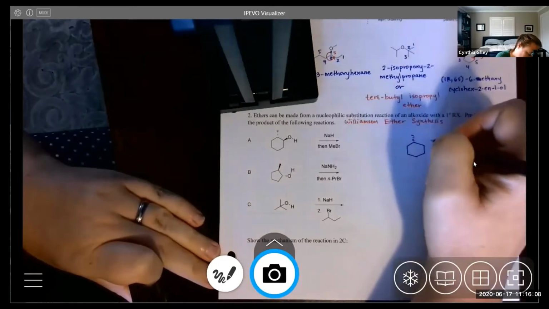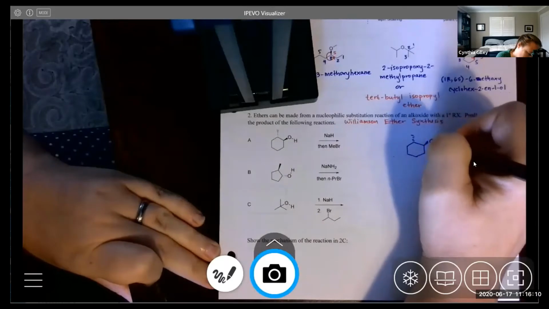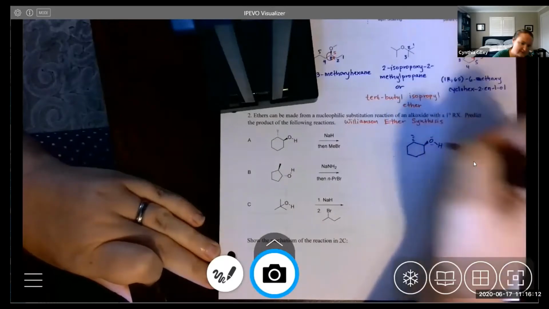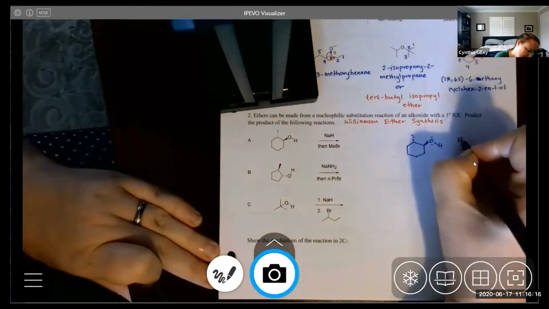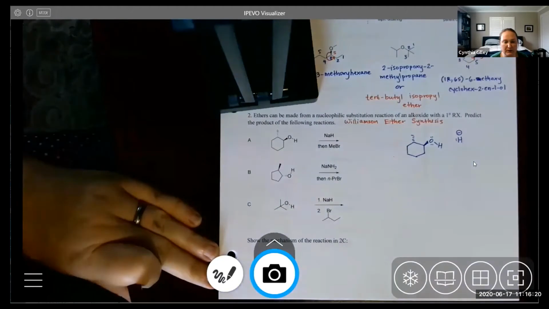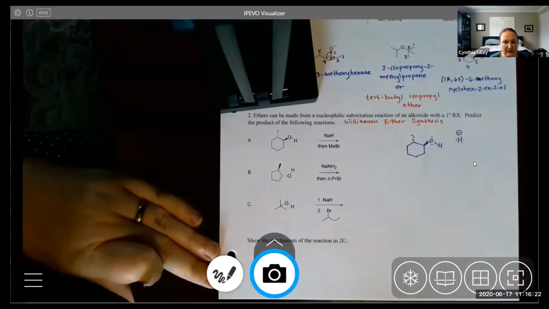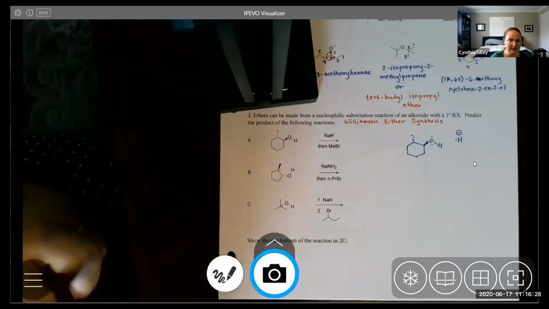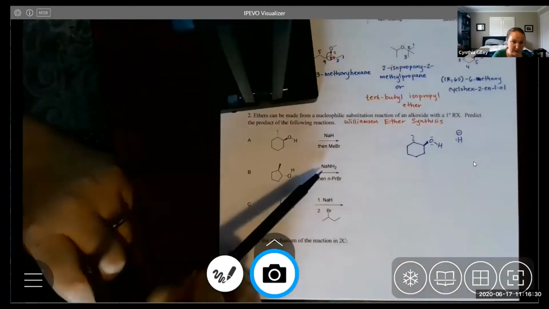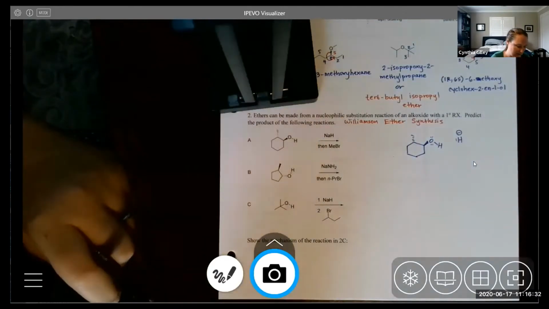So take the alcohol, and I'm drawing some lone pairs since we're drawing the mechanism. And then sodium hydride. It is important to use a strong base in order to fully deprotonate the alcohol. It needs to be a stronger base than, for example, hydroxide. So sodium hydride is the most common choice, or you could also use sodium amide.